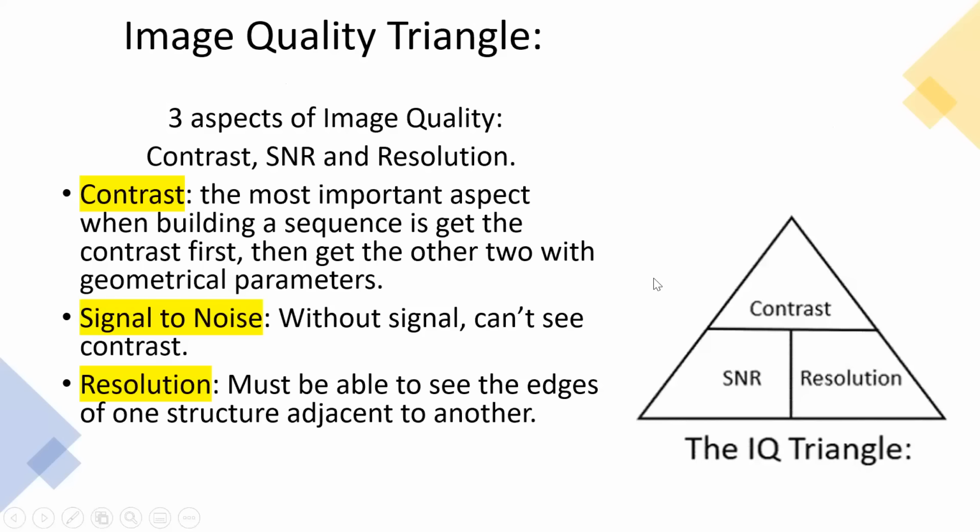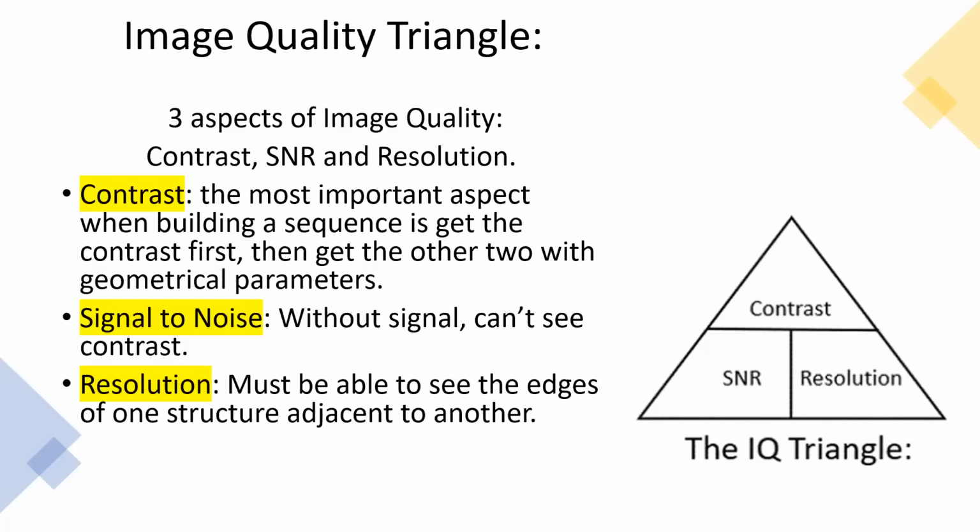Good answer, Jane. Okay, and we're going to finish up right here with my image quality triangle. So what makes a good image? Three things: contrast, signal to noise, and resolution. The most important one is contrast. If you don't get something bright and something dark on your image, if they're all the same signal intensity, you've got no contrast and the rad can't see what tissue is which.